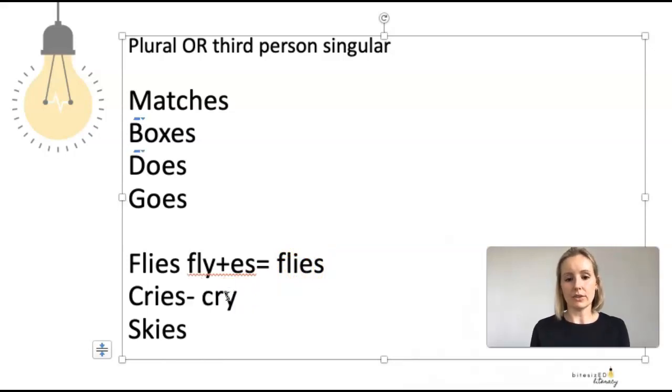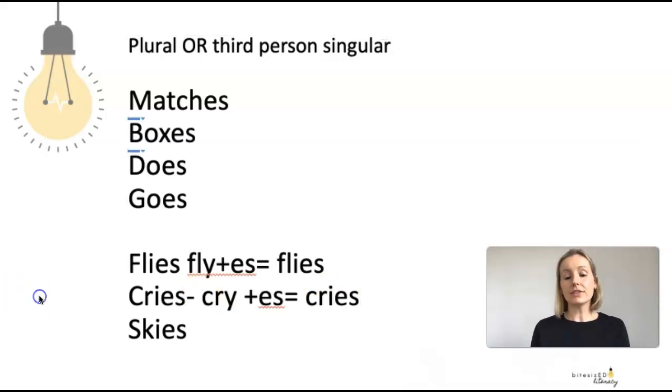So same with cry plus es. The e and the y do not get along, so we're going to change the y to an i to add es. And the wonderful thing is for young students, these are quite simple words, they're easy to sound out, and all they have to remember is this bank of words that belong together. So flies, cries, skies, ties, for example.